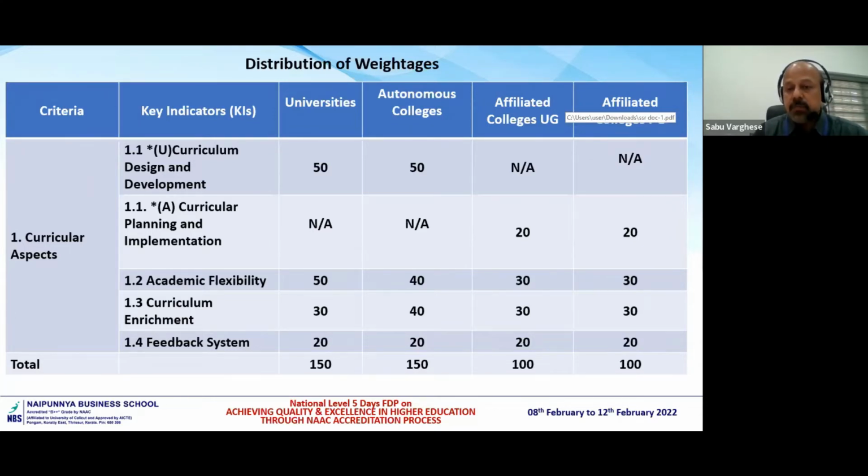For curricular enrichment, affiliated colleges have 30, the university has 30, but an autonomous college has 40. For the feedback system, irrespective of the type of college, you have 20, whether it is a university, affiliated college or autonomous college. So the total for a college is going to be 100. This is how the weightage is distributed among the 4 key indicators.